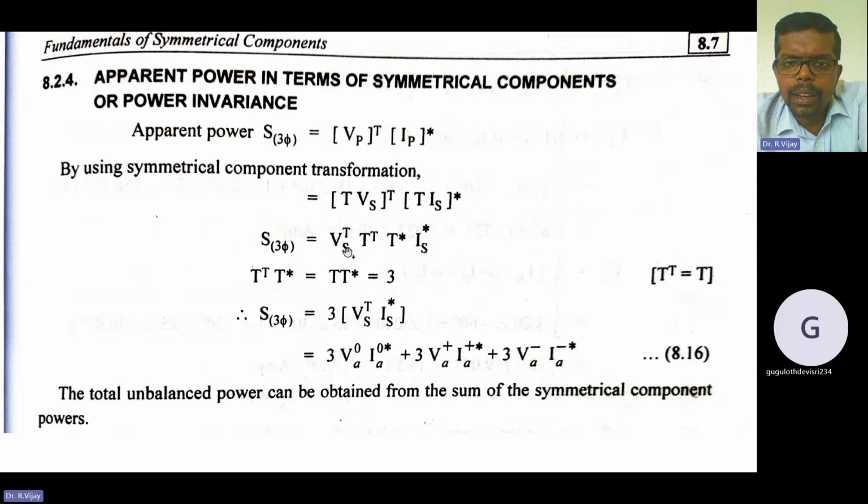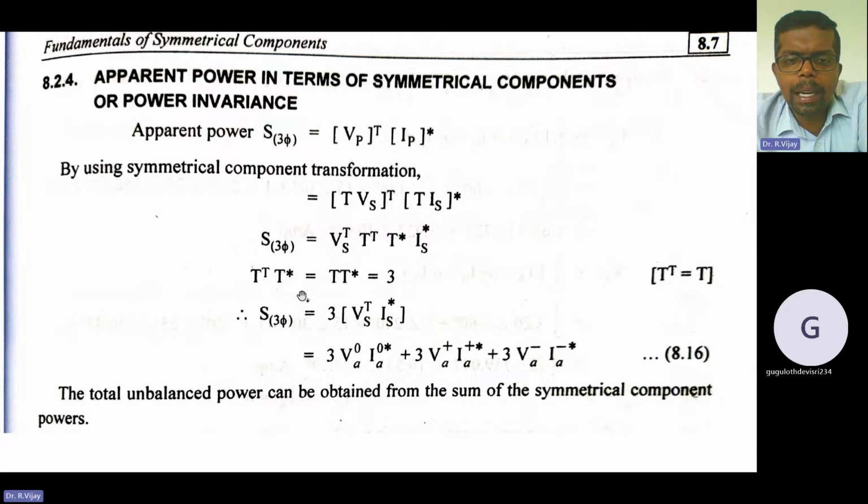Taking it outside: Vs transpose, T transpose into T star, Is star. The T matrix you already know; substitute and take the transpose into T star. If you multiply that, you will get the answer as 3. You can also take it as homework and try. So T transpose equals T, and T into T star is equal to 3.